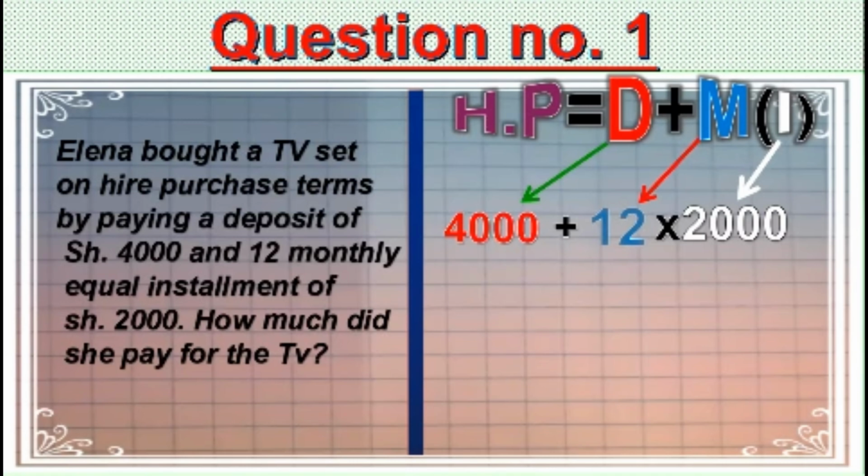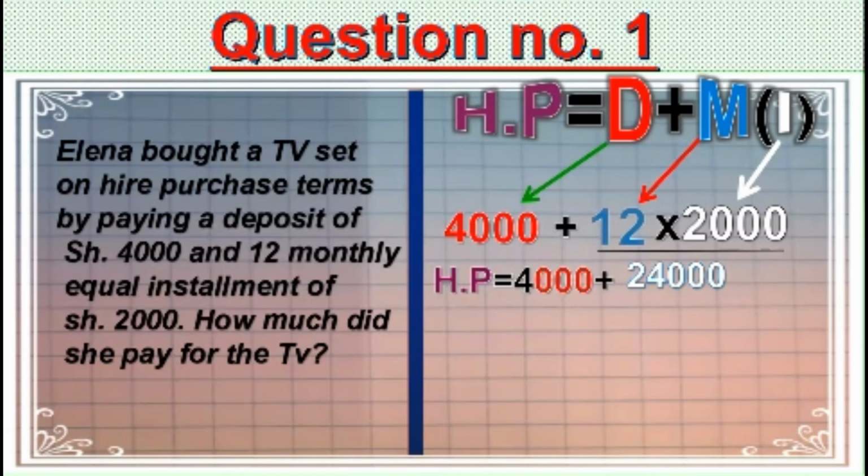So are you there? Let's continue. So HP, that is hire purchase price, will be equal to the product of 12, the monthly installment, by 2,000. Then we add the 4,000, the deposit. So the hire purchase here will be 4,000 plus 12 times 2,000, which is 24,000.